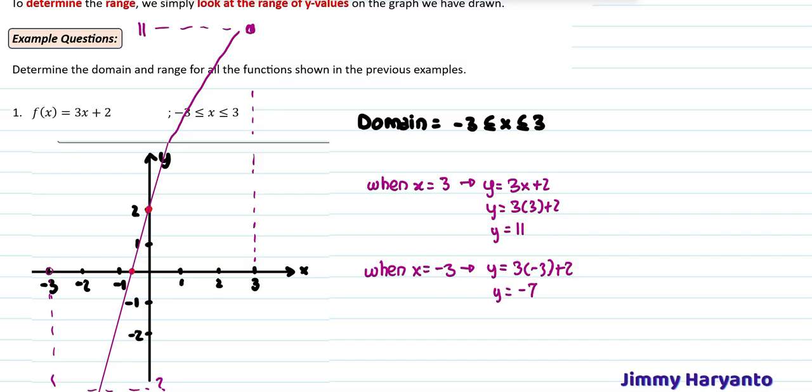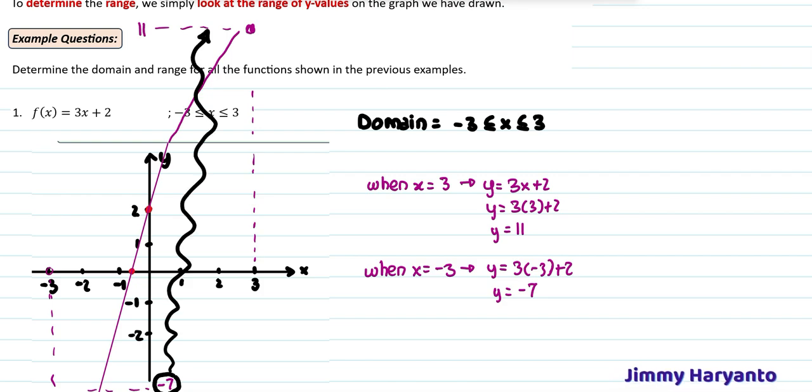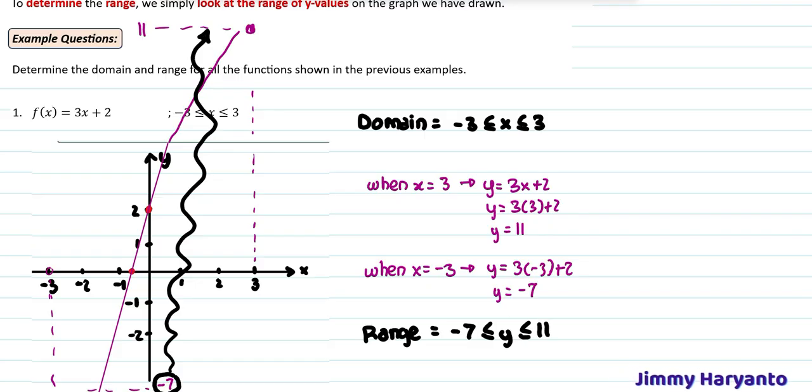That means for our straight line, the value of y will vary from negative 7, the lowest, until 11, the highest. That means we can say that the range is negative 7 less than or equal to y less than or equal to 11, just like that. This is how you determine the range of a function.